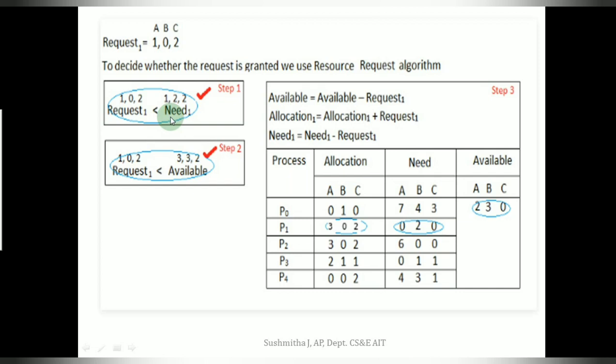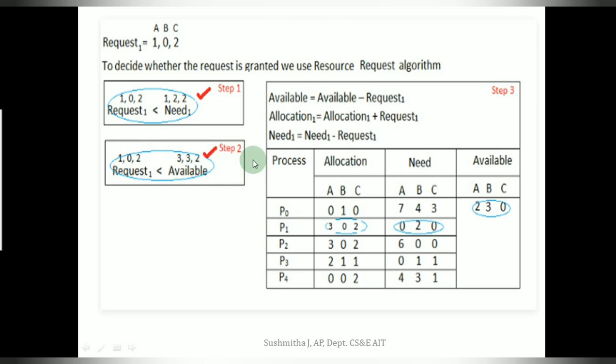The earlier need of process P1 was 122, so the request is definitely less than the need. The next step is to check if the request is less than the available. Yes, it is less than the available also.